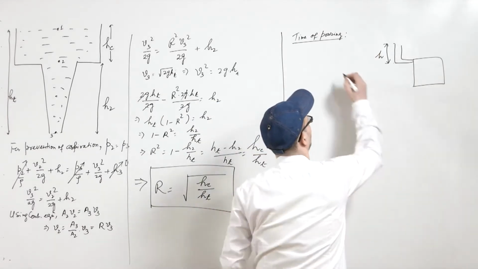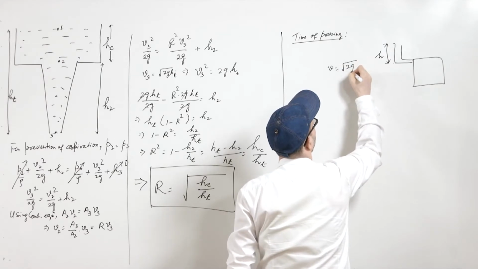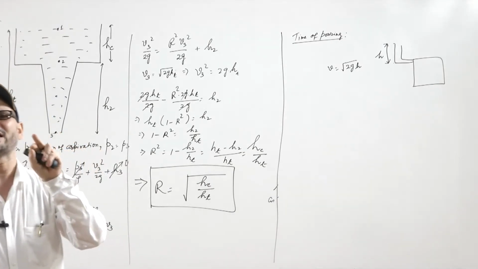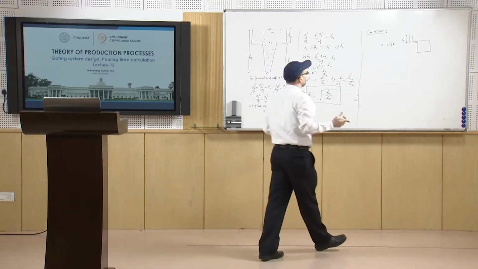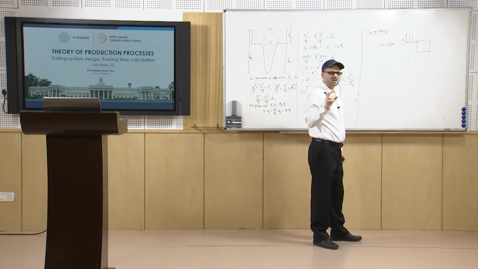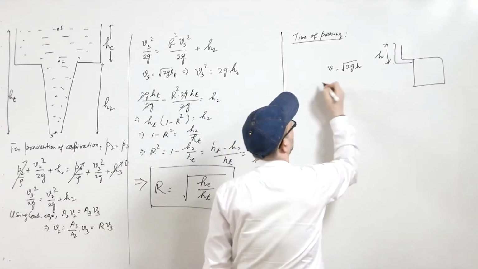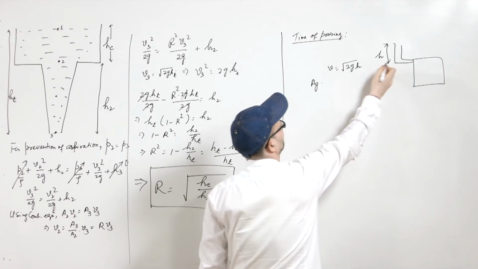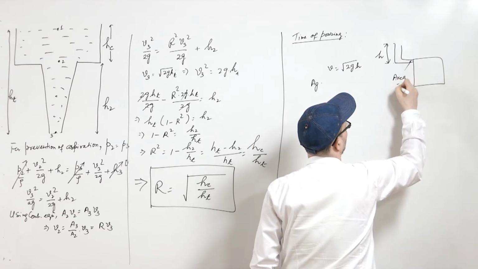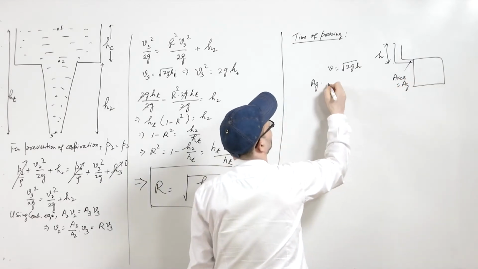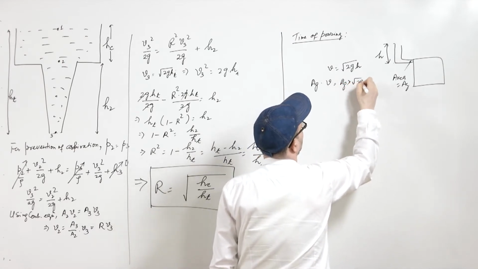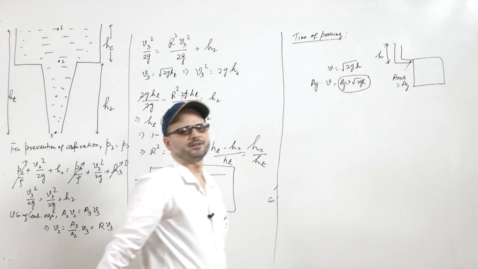So, the velocity which will be achieved is under root 2g h, if h is the total head available while it is entering inside the mold. Once you know this velocity, and if AG is the area of cross section of the gate, then AG into V, that is AG into root 2gh, will be the volumetric flow rate.